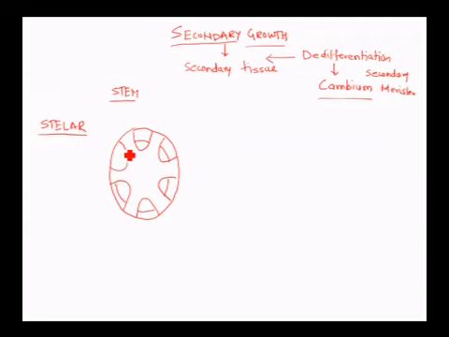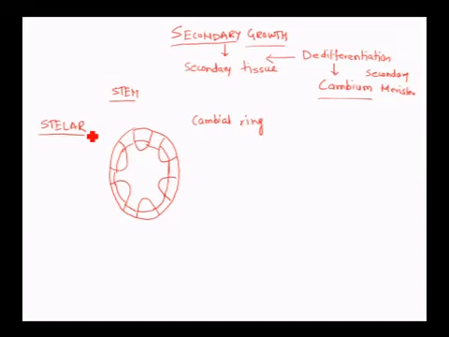It is primary lateral meristem. During dedifferentiation in medullary region, parenchyma cells dedifferentiate and it gives interfascicular cambium. Intra and interfascicular cambium will give rise to cambial ring.